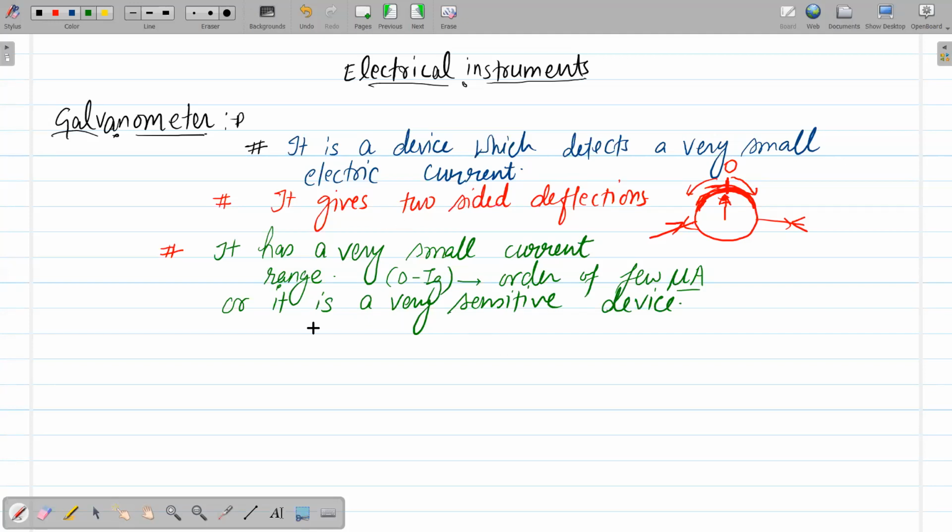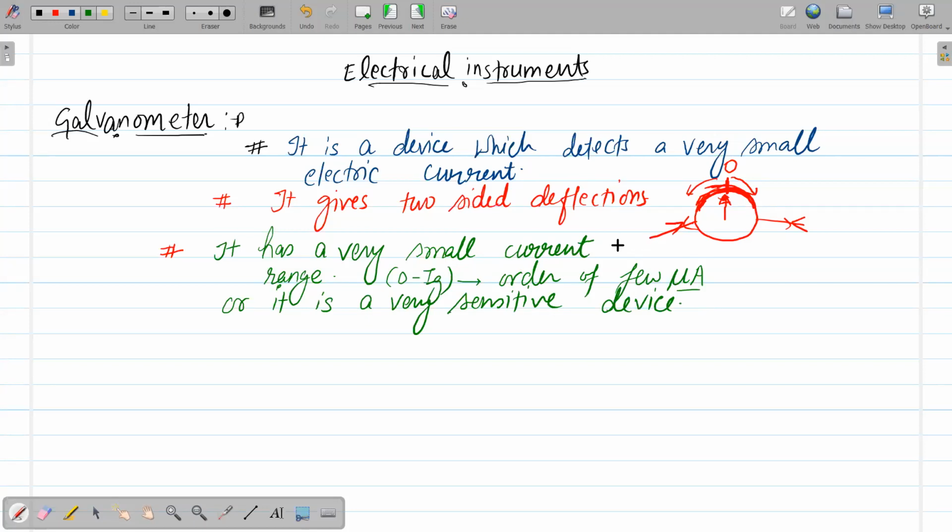Is it clear? So it is a very sensitive device, meaning it has a very small current range. For this order of current only, it starts showing full deflection, meaning the output is large for a very small input. So it has high sensitiveness.